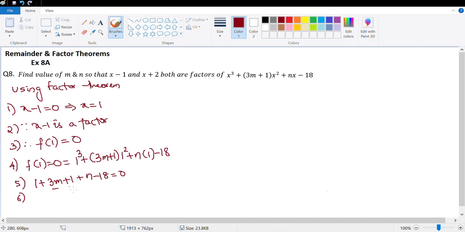This is 3m plus n; 1 plus 1 is 2, 2 minus 18 is negative 16. Let's take negative 16 to the other side. So we have 3m plus n is equal to 16. That's my first equation. Again, we'll get another simple equation and we'll have to solve them simultaneously.